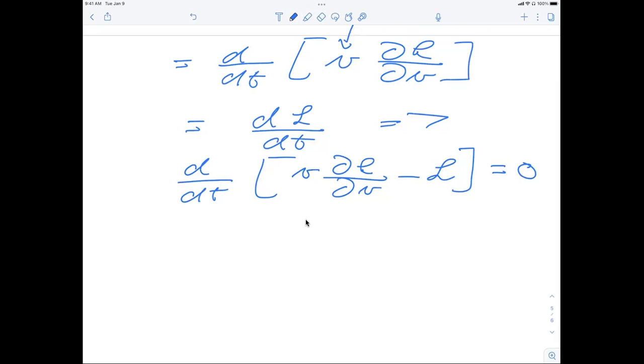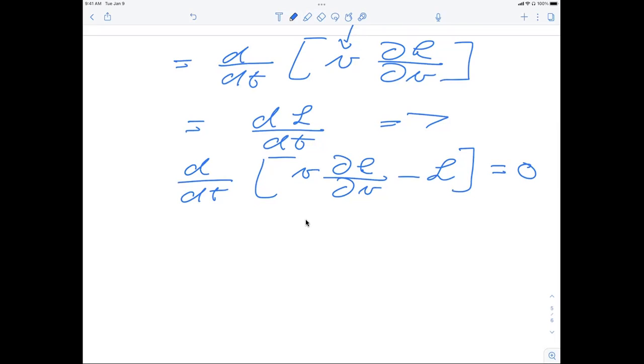So what I'm going to plug in now is the expression for the Lagrangian in terms of the velocities and the potential. Observe one thing now: in this derivative, there is no dependence on the potential or on x. The potential depends only on x. Pay attention to that, because this is what is going to give us energy conservation.